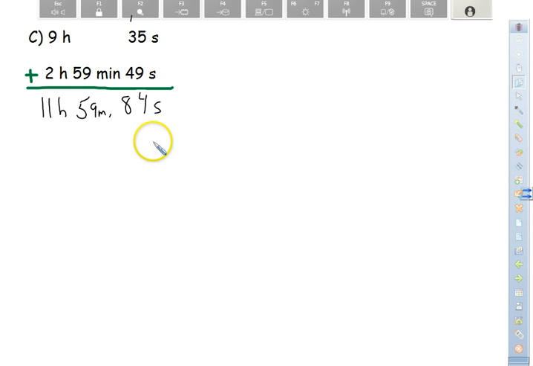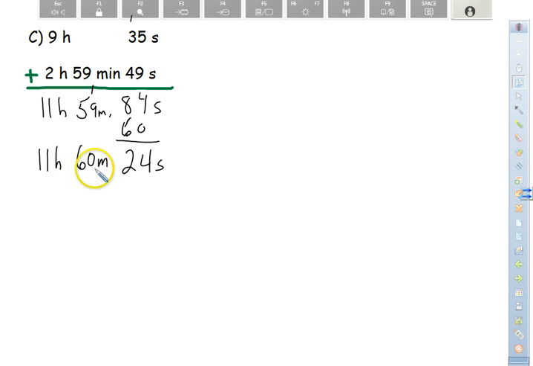Okay. Now, we have to simplify. We see that we have one that's greater than 60, so there is a group of 60 that goes into this. So when we do that, we end up getting 24 seconds, and we're going to carry one over to this, and when we add that together, we get 60 minutes and 11 hours.